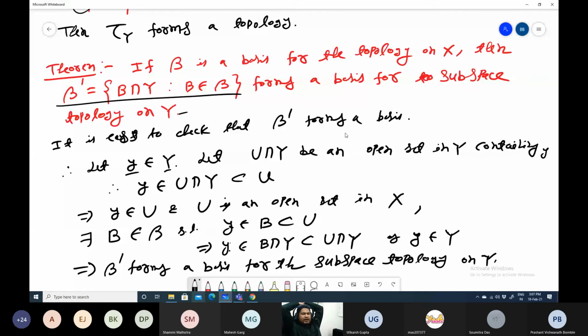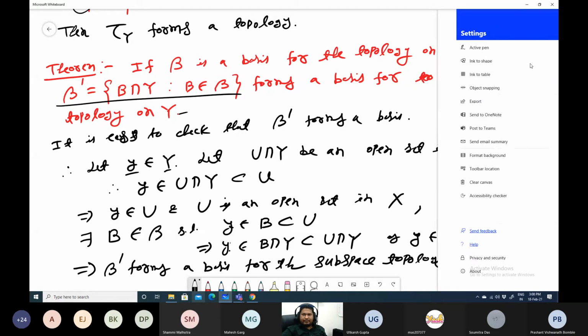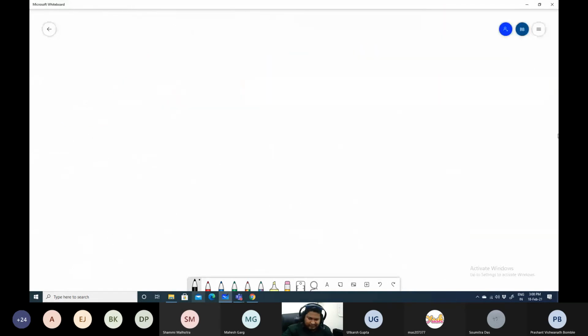Now we can compare. Now suppose, see, if you have two topological spaces X and Y, you first take the product topology and then take the subspace. Or you can take first the subspace and then take the product topology. Now both are the same. So that means what I am saying.